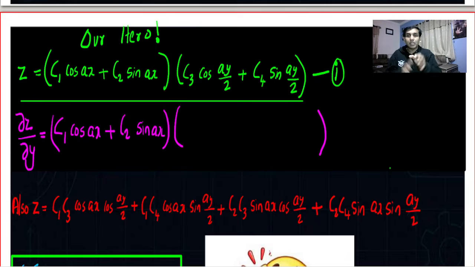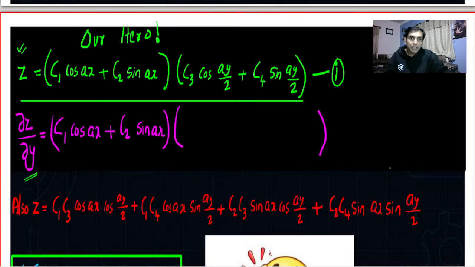If you are confused, pause the video, think for a moment. Once more, we already got the answer, which cannot be written as the answer because we don't know C1, C2, C3, C4. Now in problem 1, as a student you had an advantage. They never ever gave the boundary condition and we don't have to find the constant. Okay, so I'm going to find the derivative and we are differentiating with respect to y partially.